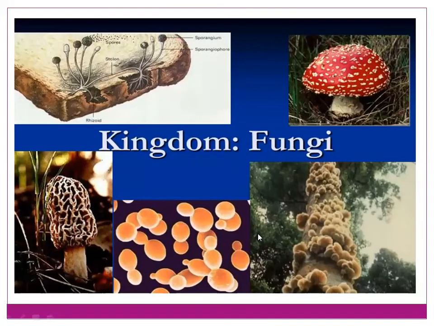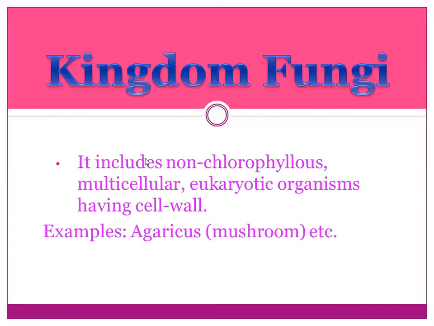The third one is kingdom fungi. In kingdom fungi, they placed all the living organisms that are non-chlorophyllous. They do not have chlorophyll, meaning they cannot make their own food, but they are multicellular. They are eukaryotic, meaning they have a complete nucleus, and they have a cell wall.